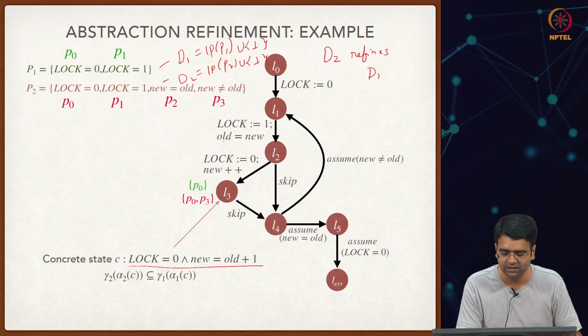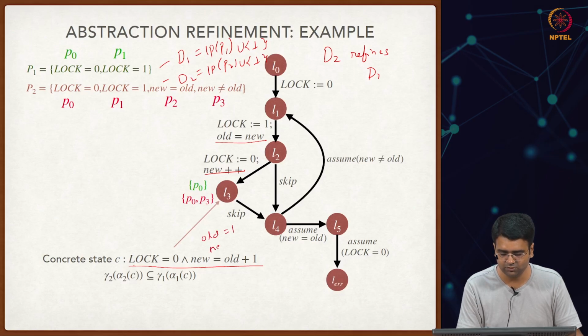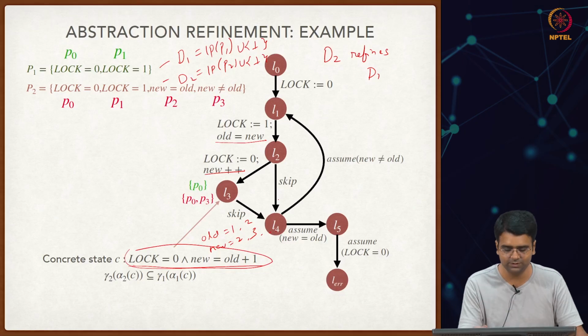That is because you would have already set old to new and then incremented new. So new must be old plus 1. Remember this is a set of concrete program states, because if new is equal to old plus 1, there are many such pairs of new and old. For example old could be 1 and new could be 2, or old could be 2 and new could be 3, and so on. So this formula encodes a set of concrete program states.